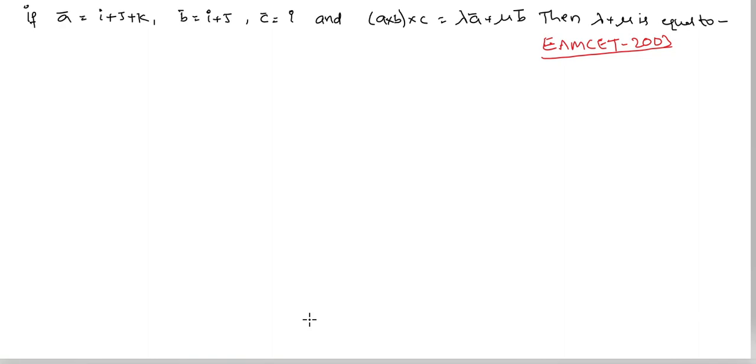If A bar is equal to i plus j plus k, B bar is equal to i plus j and C bar is equal to i bar, and A bar cross (B cross C) is equal to lambda A bar plus mu B bar, then lambda plus mu is equal to dash.